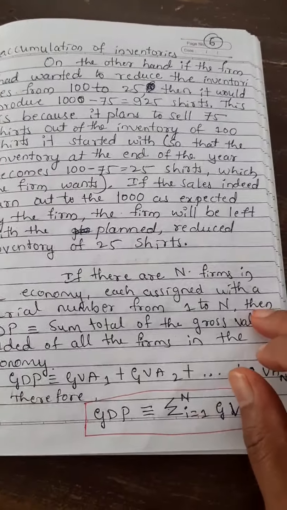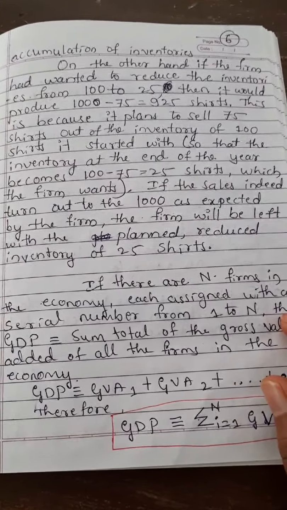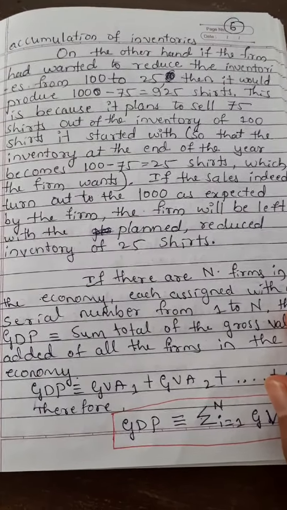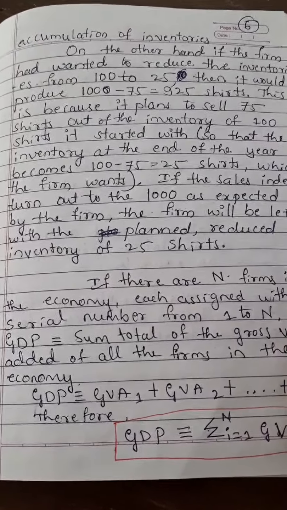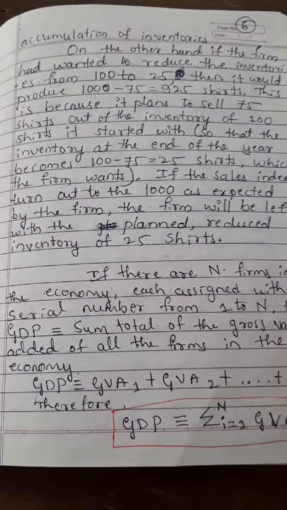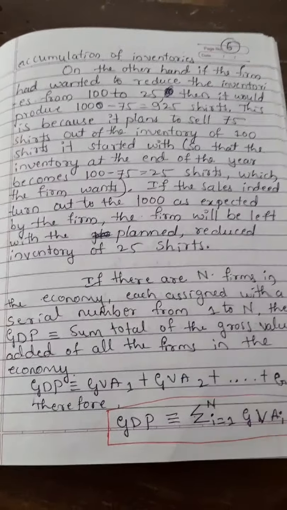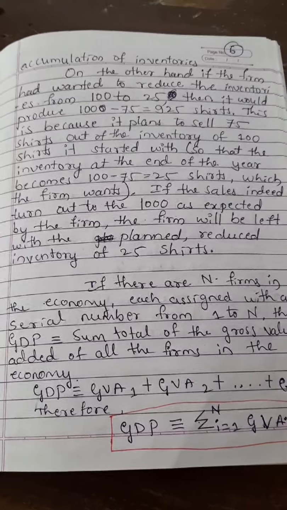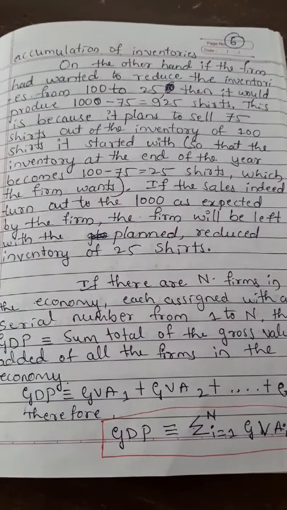On the other hand, if the firm had wanted to reduce the inventories from 100 to 25, then it would produce 1000 minus 75 is equal to 925 shirts. Because inventories should not be too high, they want them reduced, so they are producing less, 75 less. It means 925 shirts they are producing in a year.